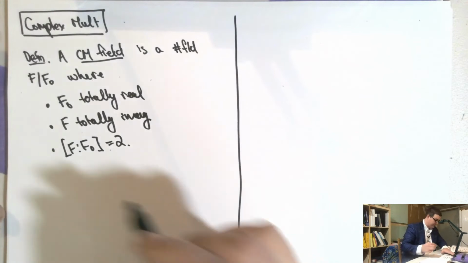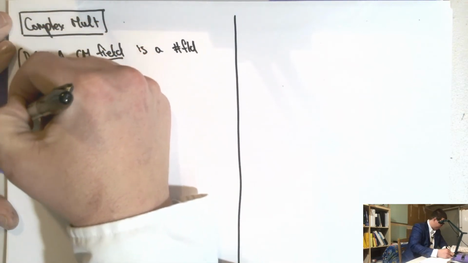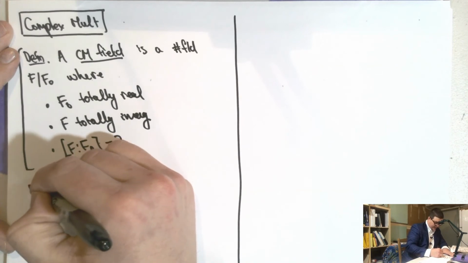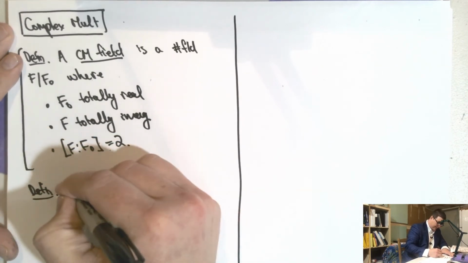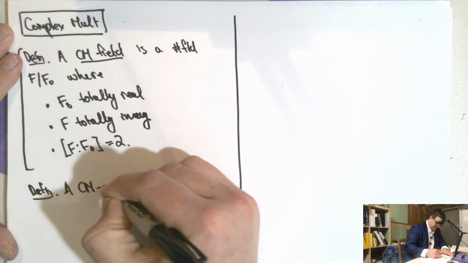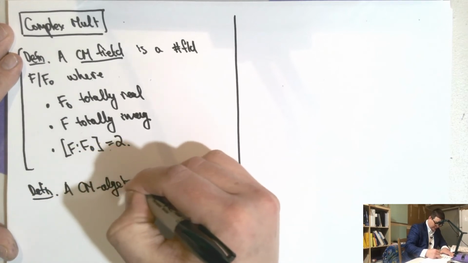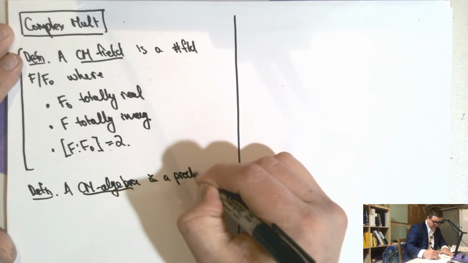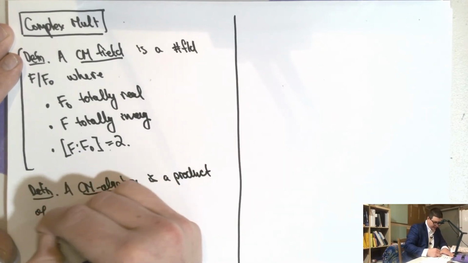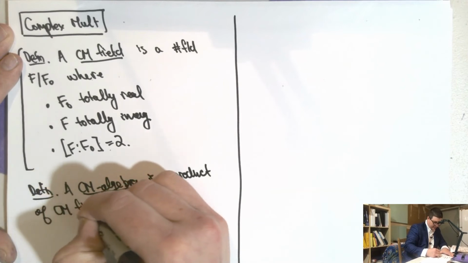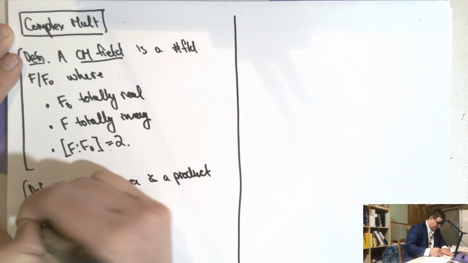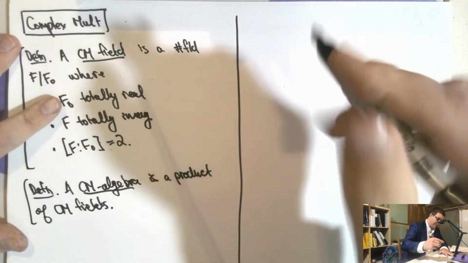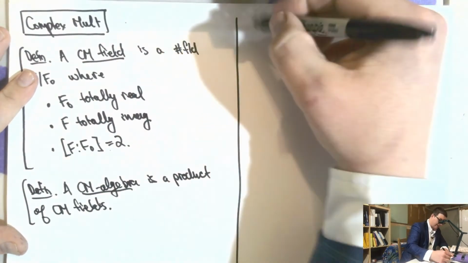All right. So let me just say definition. A CM algebra is a product of CM fields. Okay, so now we need to define what a complex multiplication is.